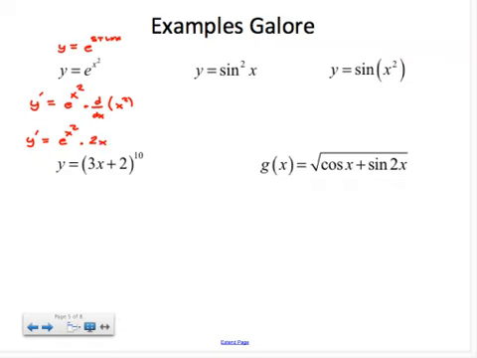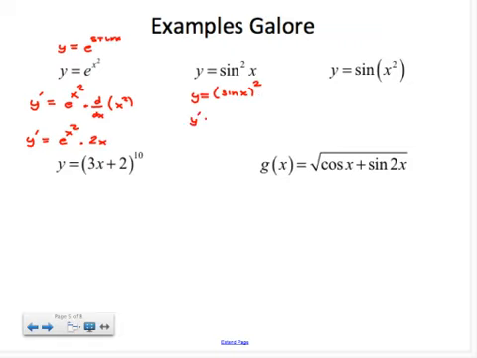The derivative of the outer function, which is the e function, times the derivative of the inner function, which is the x squared function. Okay, where is my inner function and where's my outer function in this case? Well, if I rewrite it, it'll be more clear. This is the same as saying y equals quantity sine x squared. It's a little bit different here. In this case, the outer function is the squaring function, so I know how to handle that.